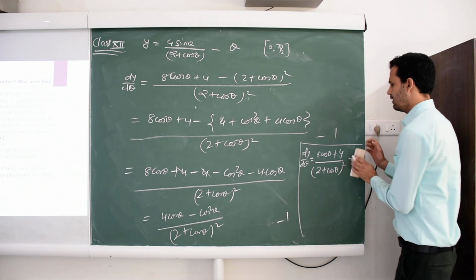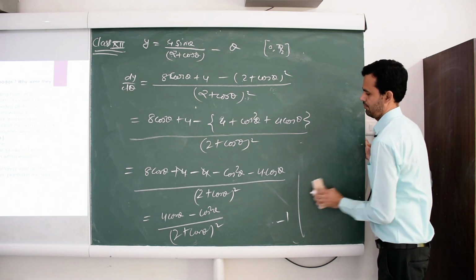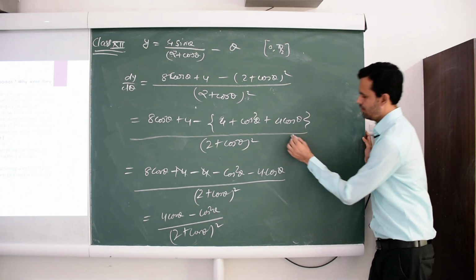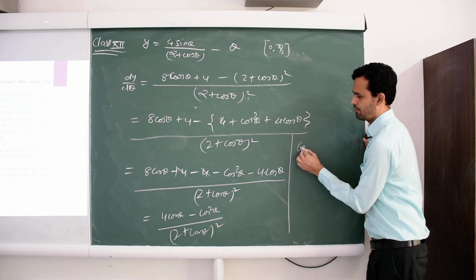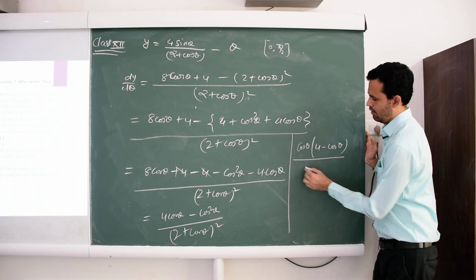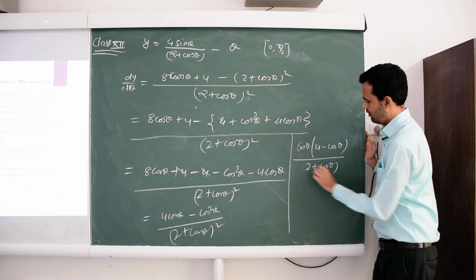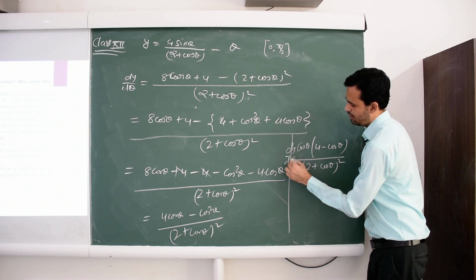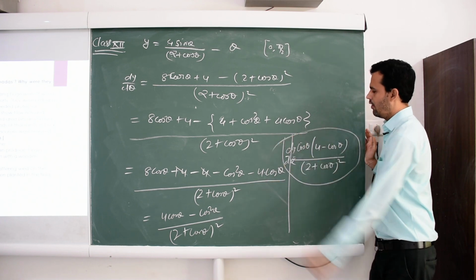If we take cos theta common, then we get cos theta times 4 minus cos theta upon 2 plus cos theta whole square. This is the value of dy by d theta.